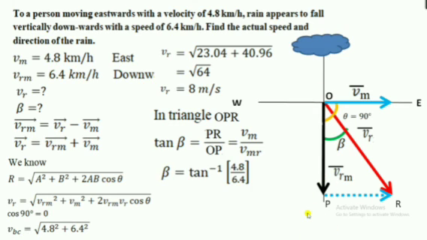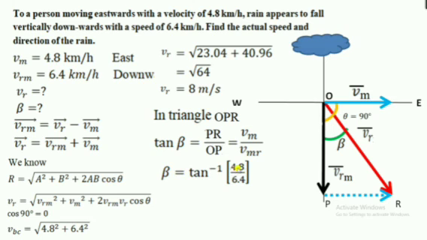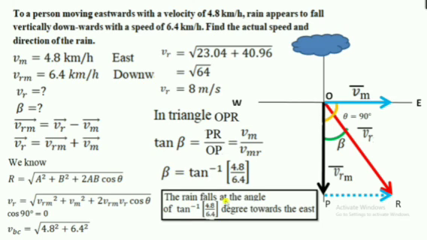So if you put the values, you will get beta to be tan inverse 4.8 by 6.4. So the rain falls at the angle of tan inverse 4.8 by 6.4 degree towards the east. So because this angle is towards the east, so this much angle towards the east. So this is the final answer.